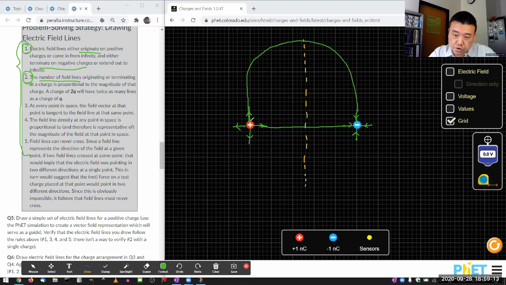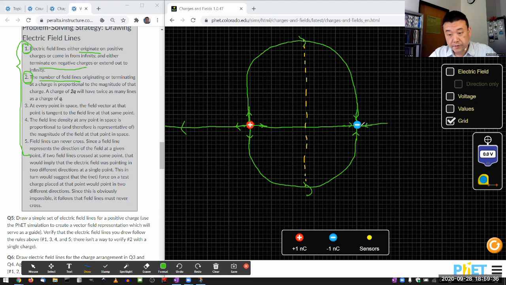I mean, it's a bit crude. This part especially is crude, but something like this respects all these rules. And for the electric field line here, there's nothing that would cause it to bend up or down, so it's going to go out to the left, out to infinity.